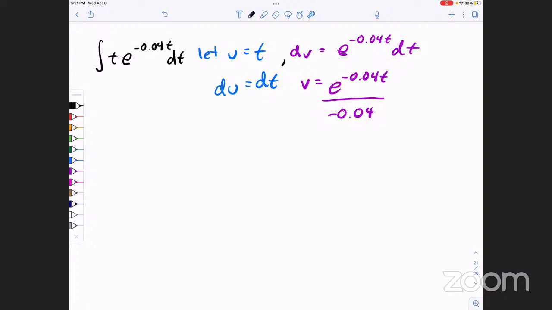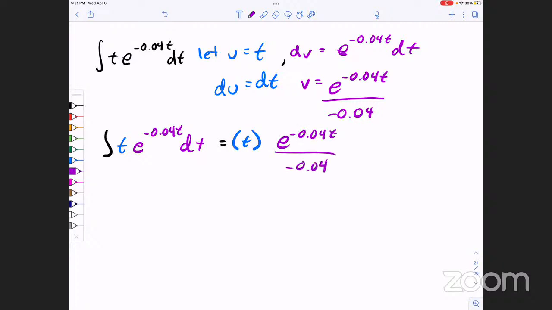So now when we do our integration by parts, our u times dv, e to the negative 0.04 t dt, is going to be equal to uv, so u, which is this guy, times our v, which is all of this, and we're going to say minus the integral of v du.